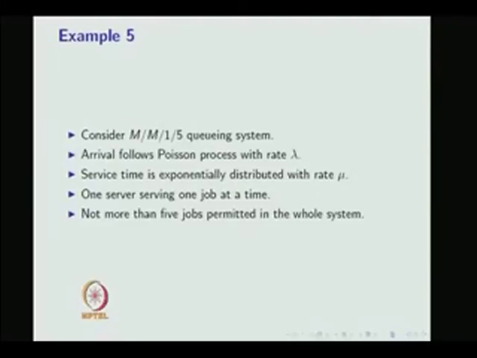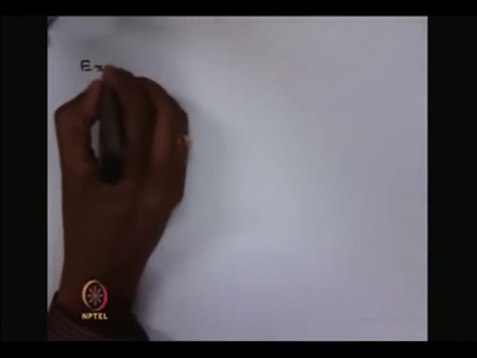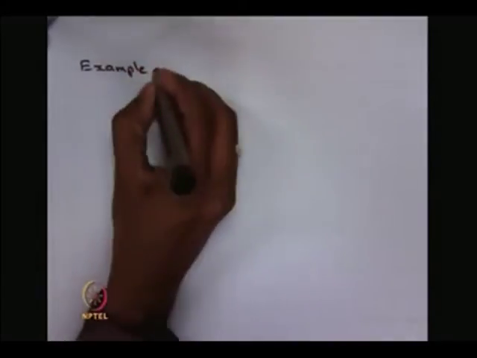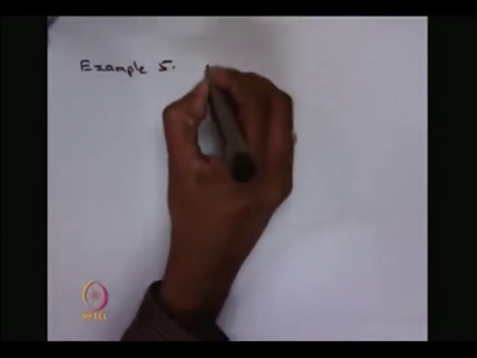Not more than 5 jobs permitted in the whole system. So, let us draw the GSPN for the M/M/1/5 queuing system.